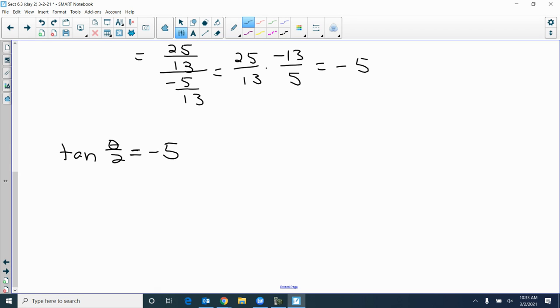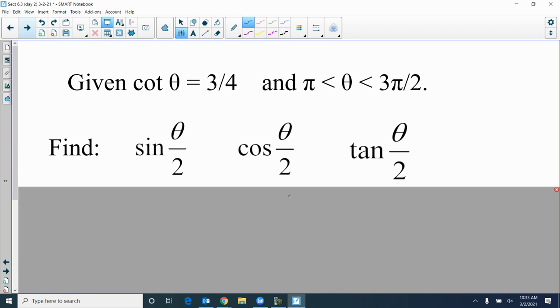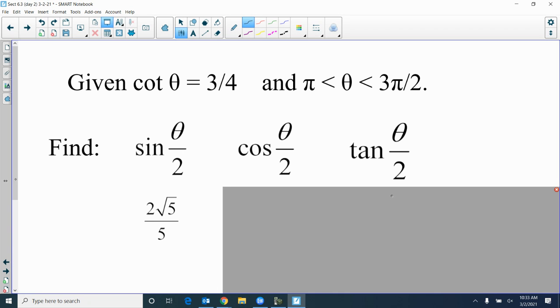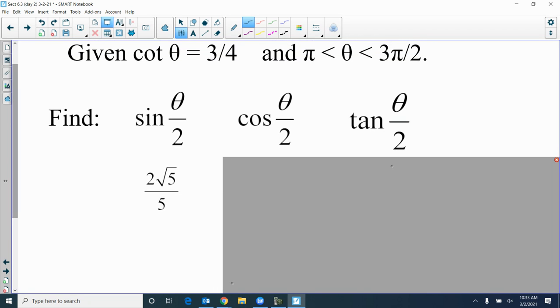All right, now for that next one. All right, cotangent of theta is 3/4. It's in quadrant 3 again. All right, go ahead. I want you to find the sine of theta over 2. And actually, I'm going to give you the answer. I want you to make sure you can get there. So I'm going to let you know what the answer is and see if you can get the same thing.